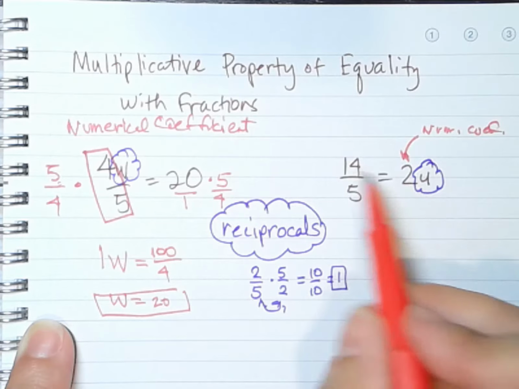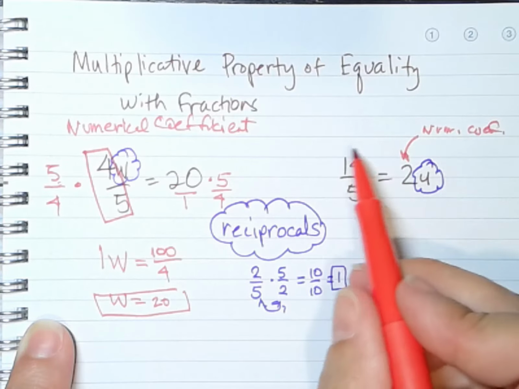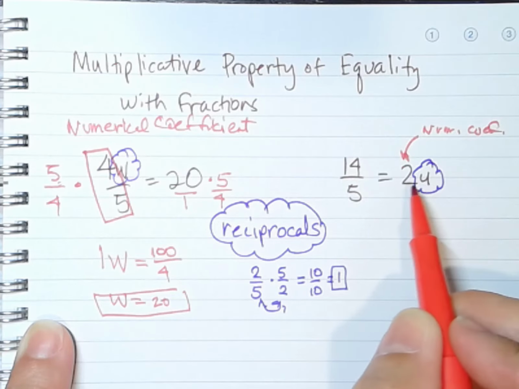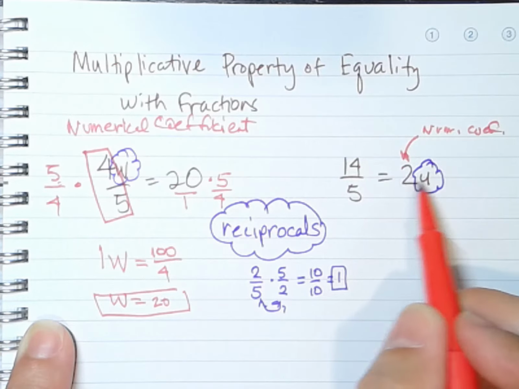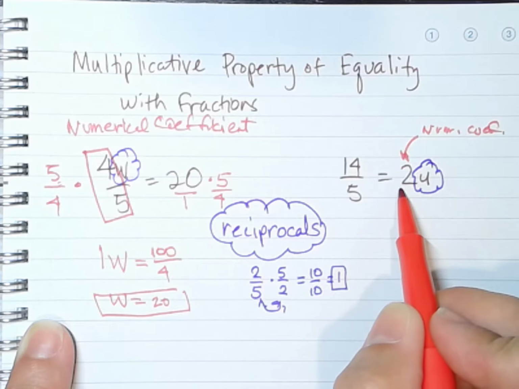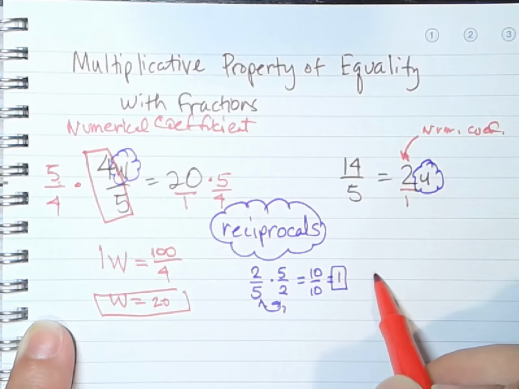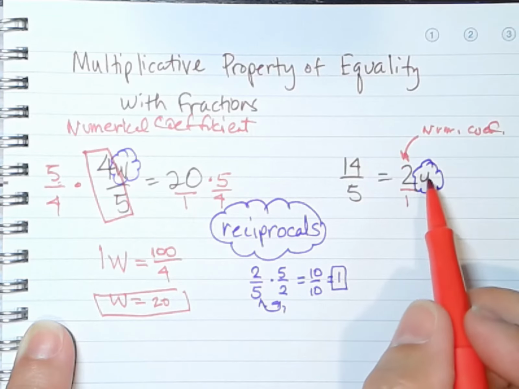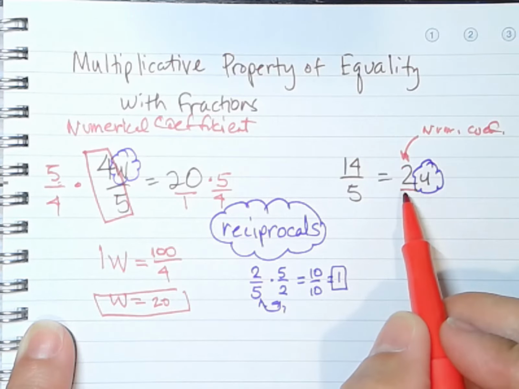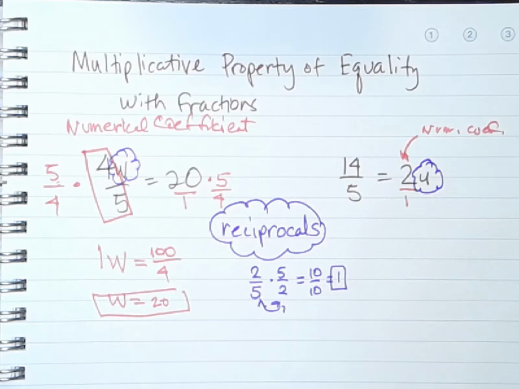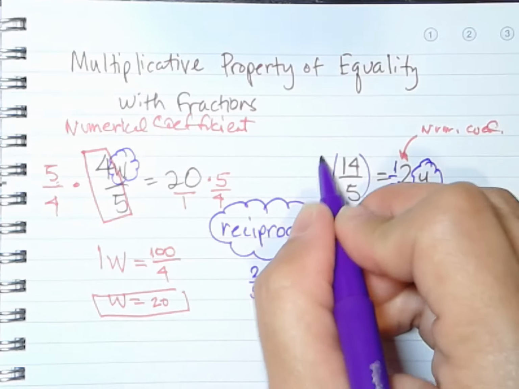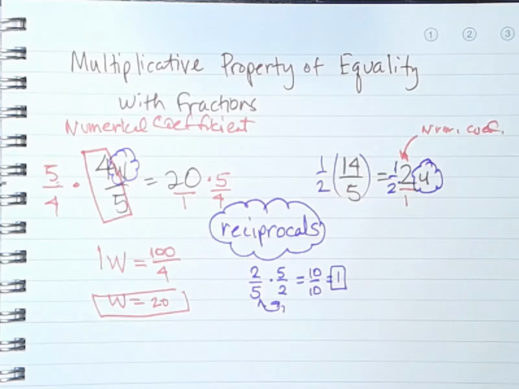Over here, you don't mess with the 14/5 because it is not the numerical coefficient of the variable. So the coefficient of the variable is 2, which we could call 2/1 to make it into a fraction. And now we have a fraction in front of the variable, and we can use the reciprocal. And the reciprocal of 2/1 is 1/2. So we would multiply both sides by 1/2.